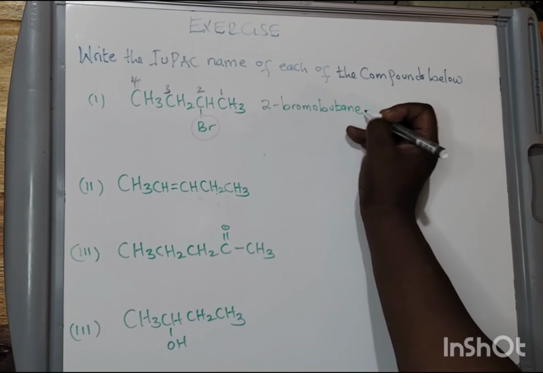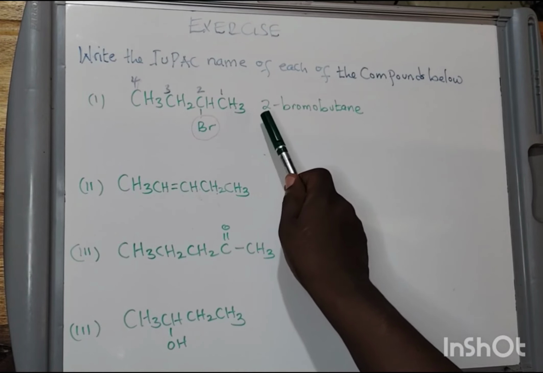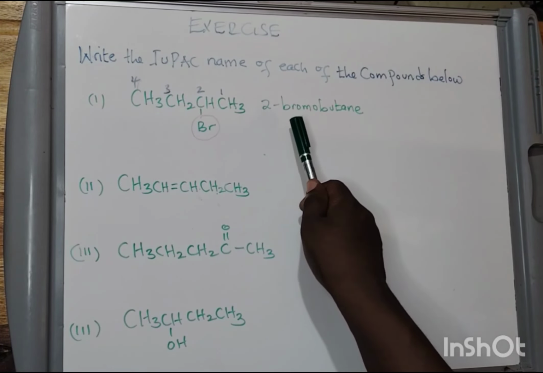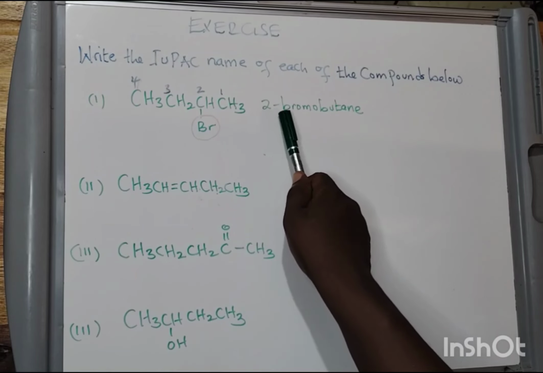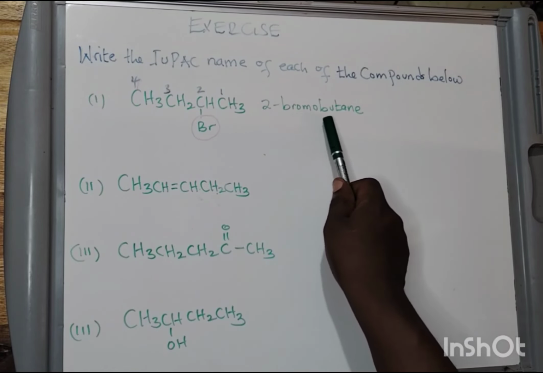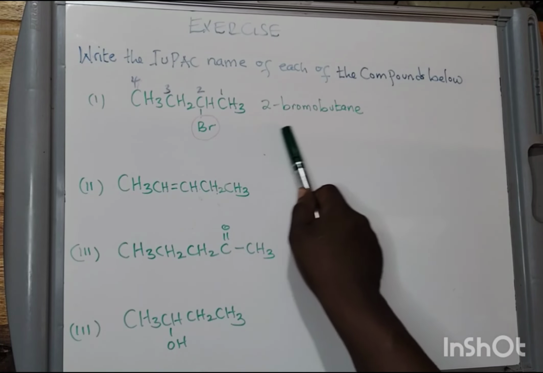Now, in writing the name, there are some rules we follow. When you write a number and you're moving from a number to a word, you use a dash. And these two words are one. We don't separate them.